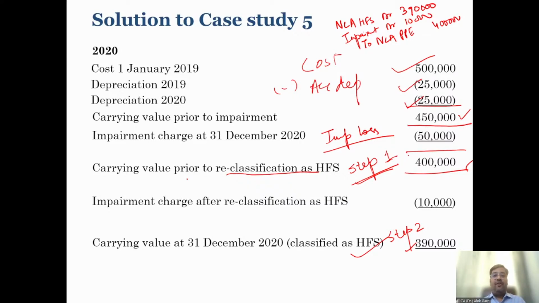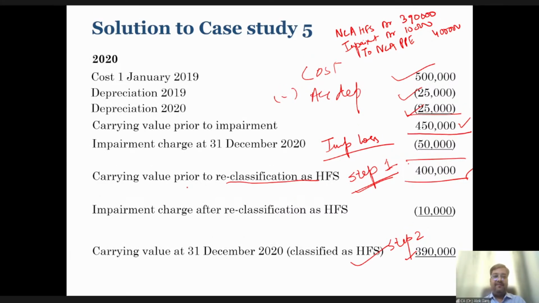I am taking a pause for 30 seconds and I'll wait for your answer. Koshiki has answered 3,75,000. Okay. What about you, Manini, Aniket, Soham, Rakesh, Rahul, Radhika? Gopal is saying 4,25,000. Okay, Gopal, probably you are reducing 450 minus 25.